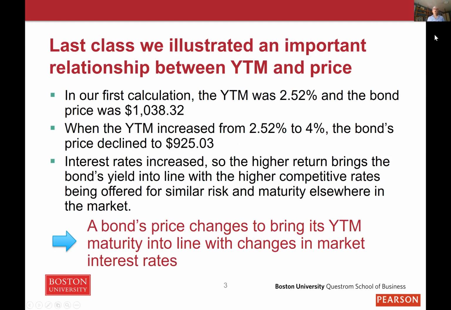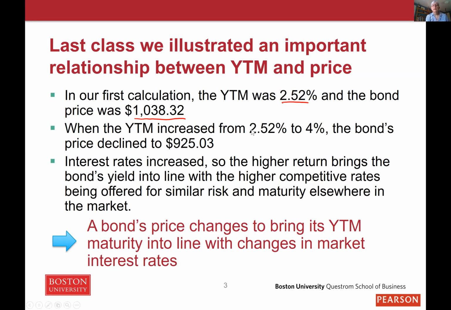Okay, so last class, what we looked at was those two bonds at the end, and the two calculations that I had you walk through gave you a price of 1038.32, and I had you calculate the yield to maturity, and you got 2.52.